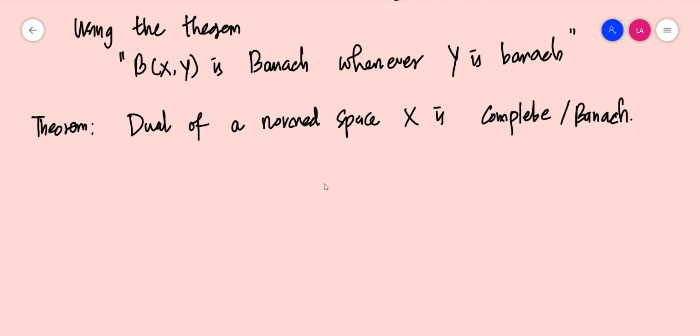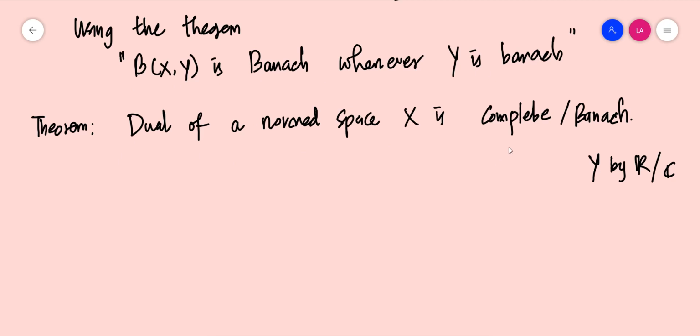The proof is, as the proof in the case of this theorem, you are only replacing Y by the set of all real numbers or the set of all complex numbers. Instead of T from X to Y, we are defining a functional f from X to R or C. Since R or C is complete, we can use this theorem to state that this is actually complete.